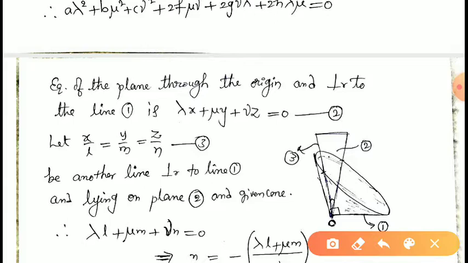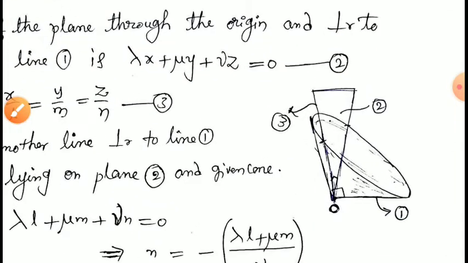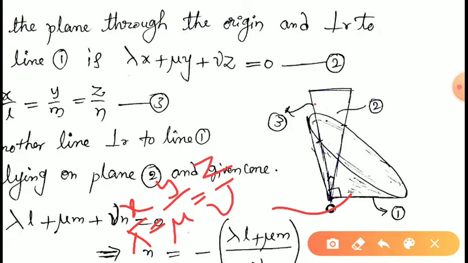So the equation of the plane through the origin and perpendicular to line 1 is lambda x plus mu y plus nu z is equal to 0. For example, this is the line x by lambda is equal to y by mu is equal to z by nu, and this is the plane which is perpendicular to this line.